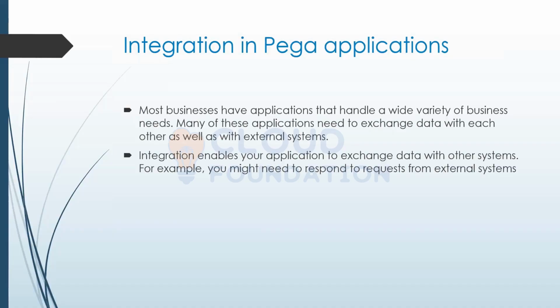Sometimes I might need to receive data from different sources. Sometimes I need to send data to different sources. The exchange of data could be mandatory in order to have good functioning of my application.